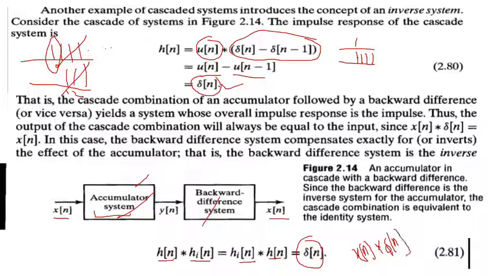According to the formula, the output will be x of n. So an accumulator in cascade with backward difference, since the backward difference is the inverse of the accumulator, the cascade combination is equivalent to the identity system. This is the identity system. Input passes through the system, and then this output passes through the other system, and it will again become the input. So we will have an identity system here.